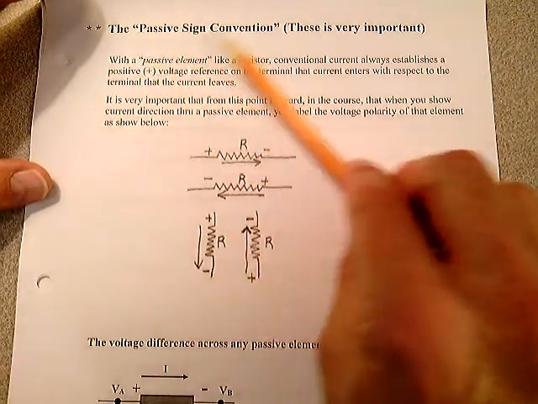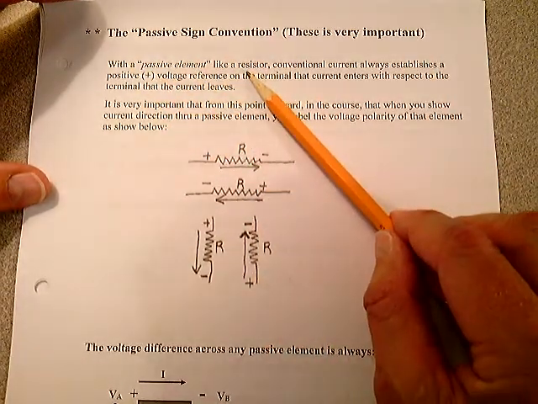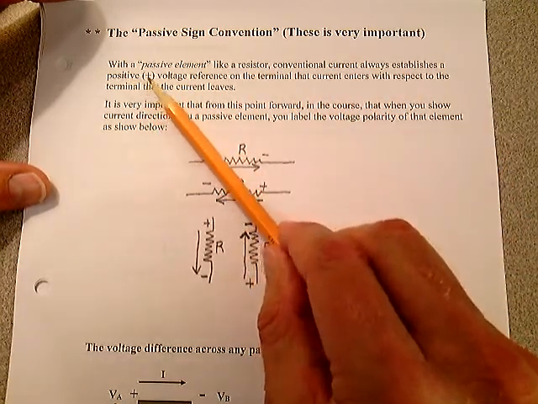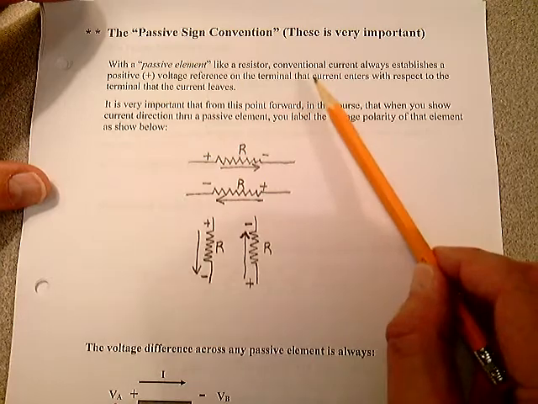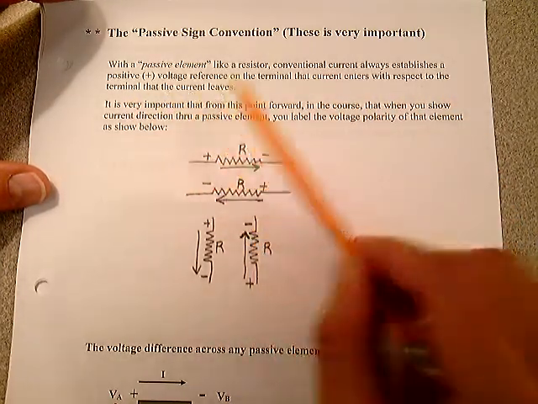What is passive sign convention? With passive elements like a resistor, conventional current always establishes a positive plus voltage reference on the terminal that the current enters with respect to the terminal that the current leaves.